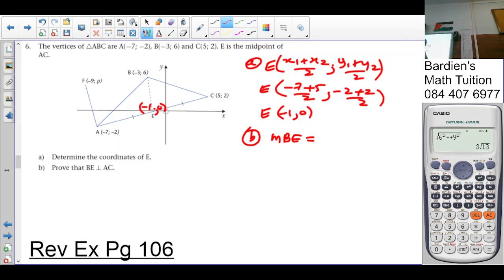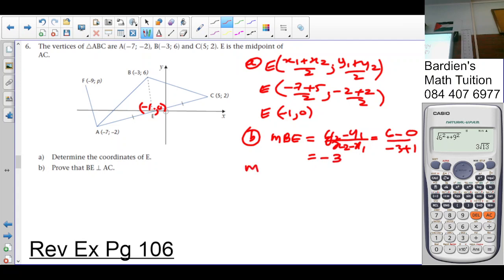Okay. So B, they asked to prove that BE is perpendicular to AC. So the gradient of BE is going to be y2 minus y1 over x2 minus x1. So for BE it is 6 minus 0 over minus 3 minus -1, which gives you -3.